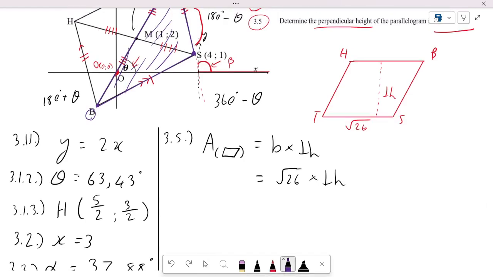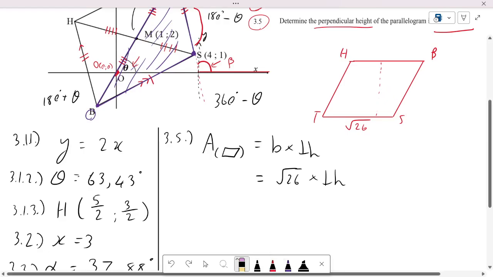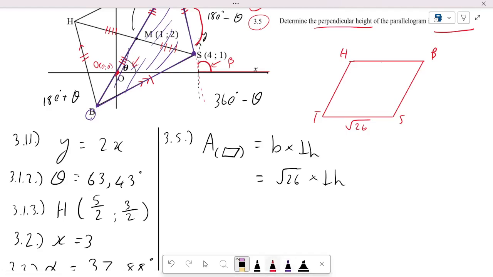If we have this diagonal here, this area is going to be the same as this one because it's a parallelogram. Therefore, the area of the parallelogram is 2 times the area of triangle BTS.